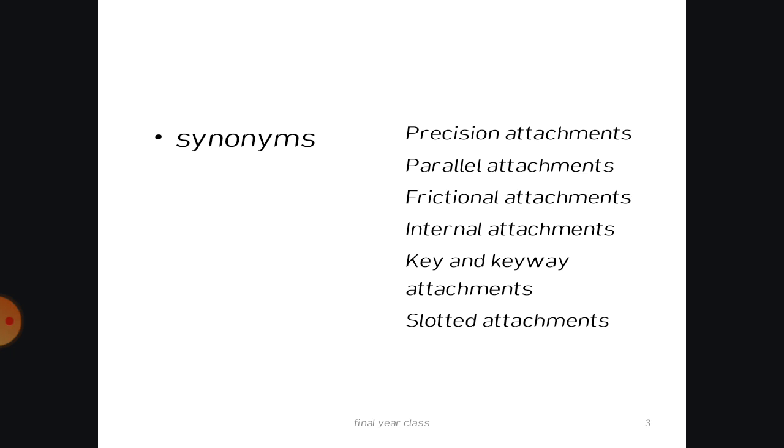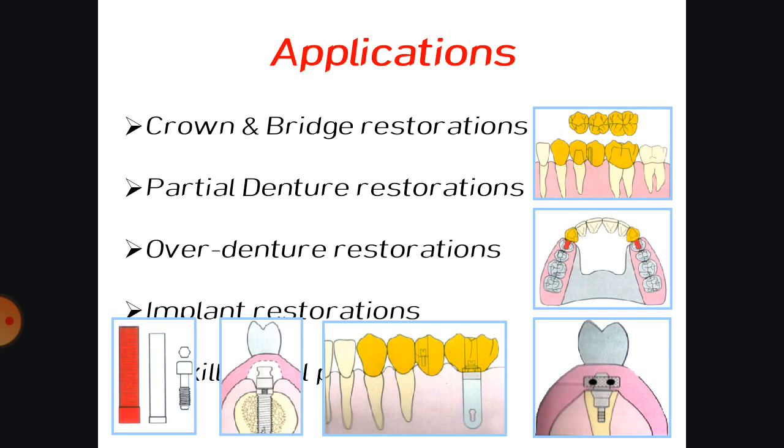So what are the different applications of attachments? It can be used in crown and bridge restorations. Since we are talking about attachment retained dentures, obviously it is a part of partial denture restorations, and these kinds of attachments are used in overdenture restorations also, and in some cases of implant restorations also.